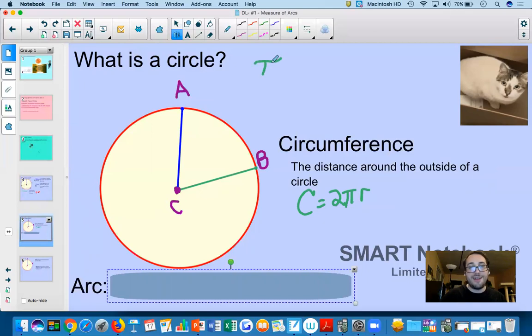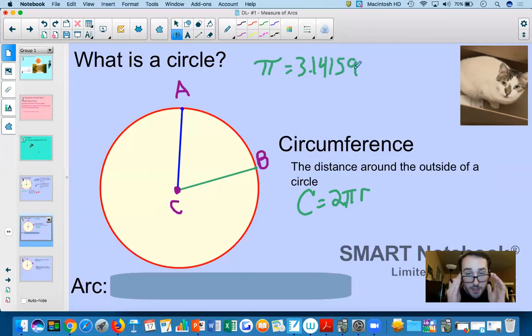If you remember, pi is a constant. It is equal to 3.14159. A constant just means it's a number, it's not a variable. Pi is also irrational because it is a decimal number that goes on forever without a pattern. There was also Pi Day a few days ago, March 14th.